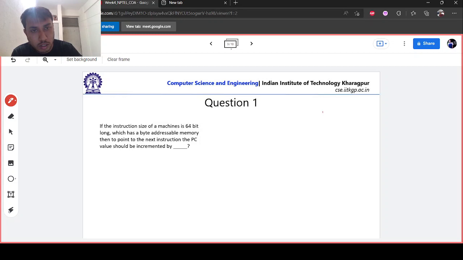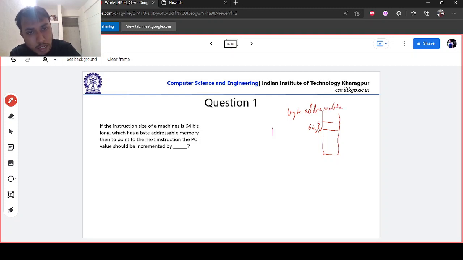Suppose this is the memory, and the instruction here is 64-bit long, and it is byte addressable.